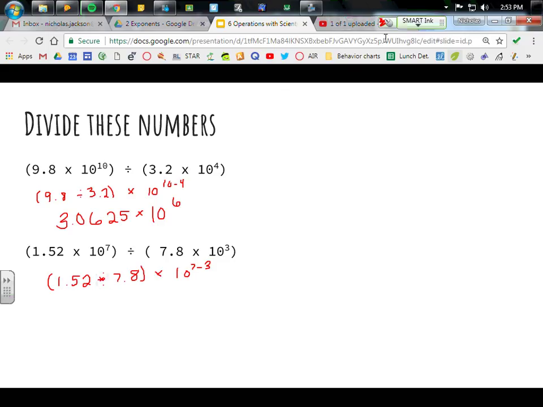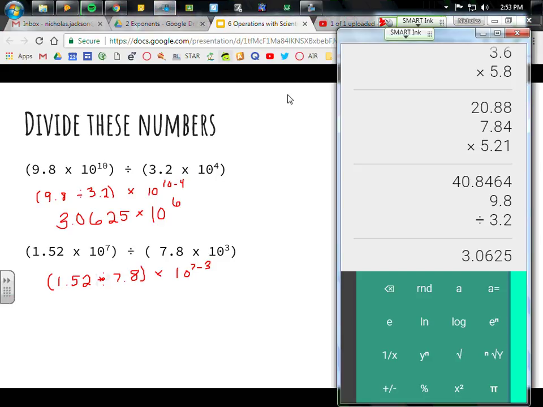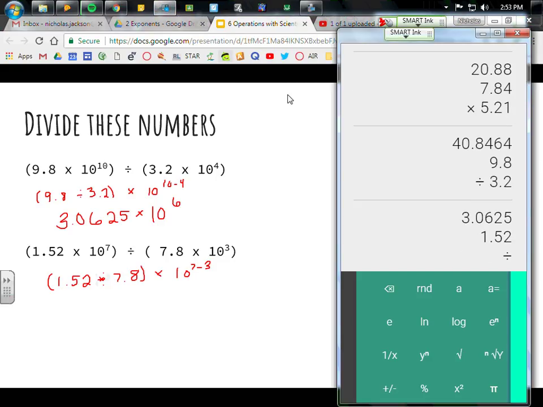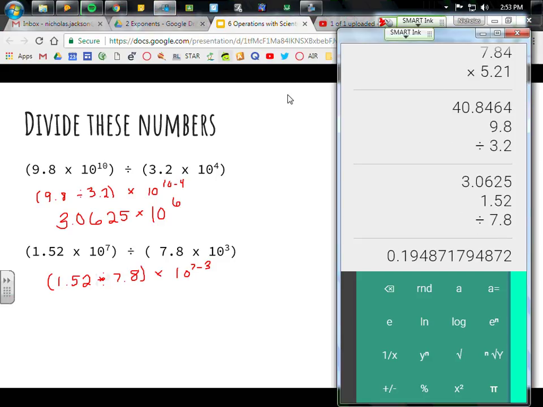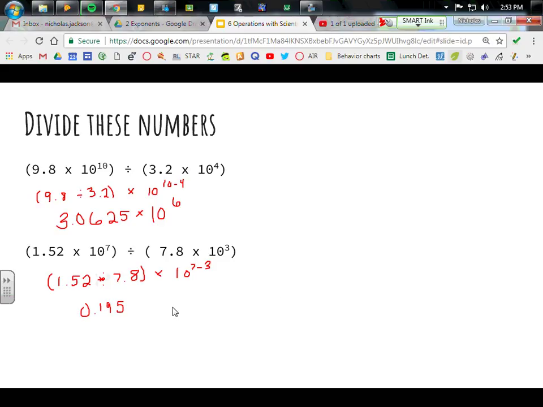When we go ahead and do our division, 1.52 divided by 7.8 gives us a very long number. Let's go ahead and round it just for the sake of time. So let's say it's 0.195 times 10 to the 4th.